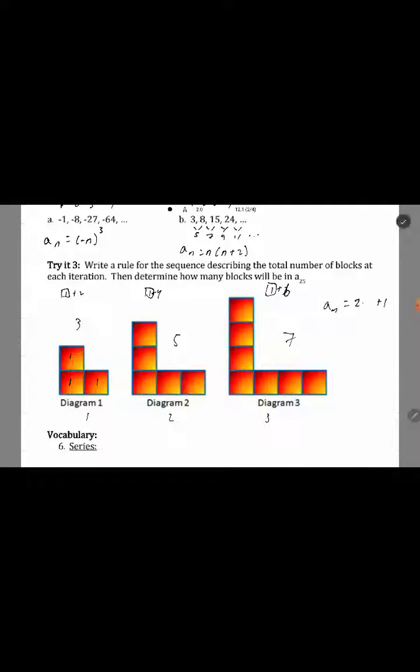Every time we go from one diagram to the next, we're adding 2. So that's where that 2n comes from. So we're adding 2 each time, and then we're starting off with 1. So here is my formula. I'm adding 2 here and 2 here, adding 3 here and 3 here. Hopefully that makes a little bit of sense.